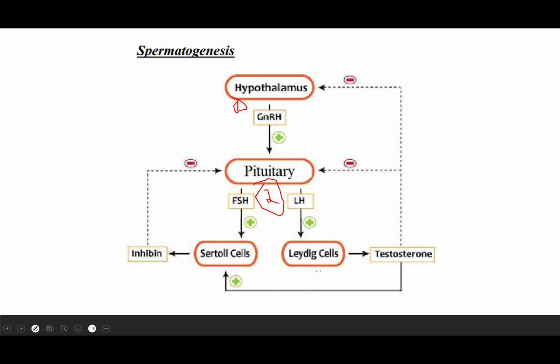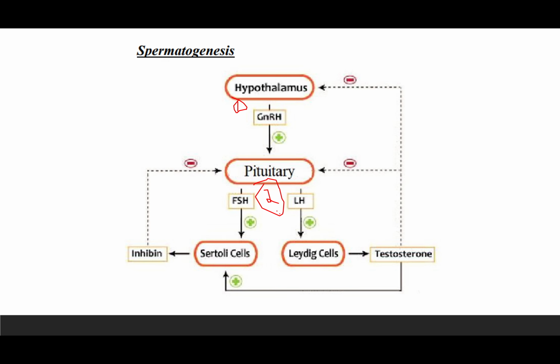So we have that there. These two cells are important for spermatogenesis. But what it's saying now is that testosterone, however, actually stimulates Sertoli cells to produce something that we call inhibin. Inhibin inhibits the pituitary gland from producing FSH and LH.